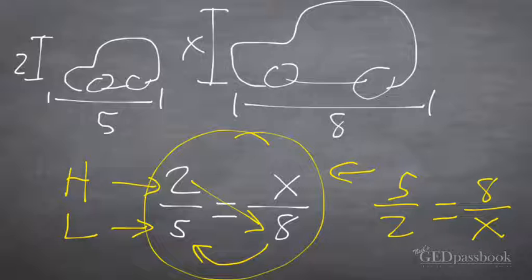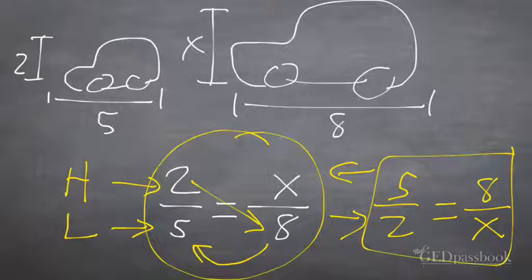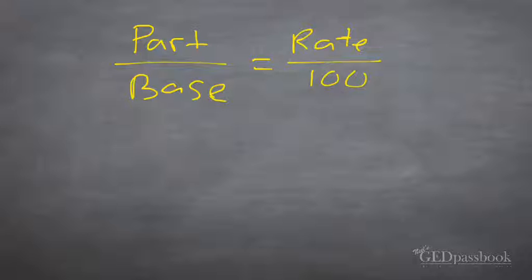It's literally the same thing. So it doesn't matter how you rearrange it as long as your rows were all matching. In percent proportions, you are going to be following this formula right here. Part over base equals rate over 100.